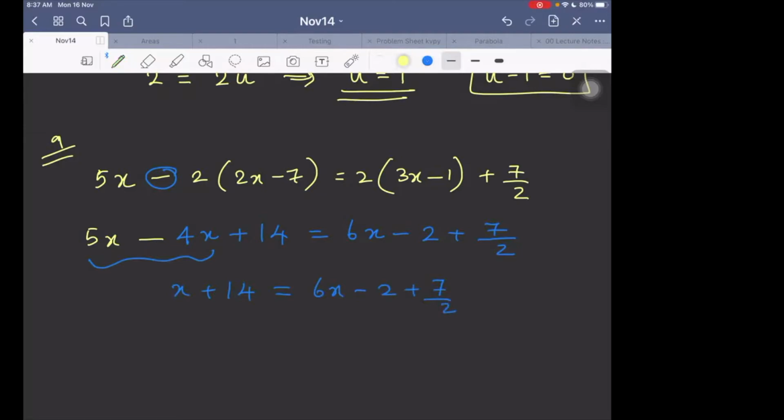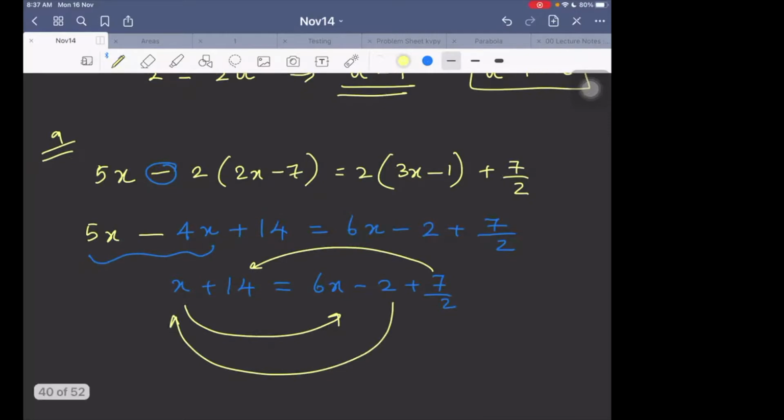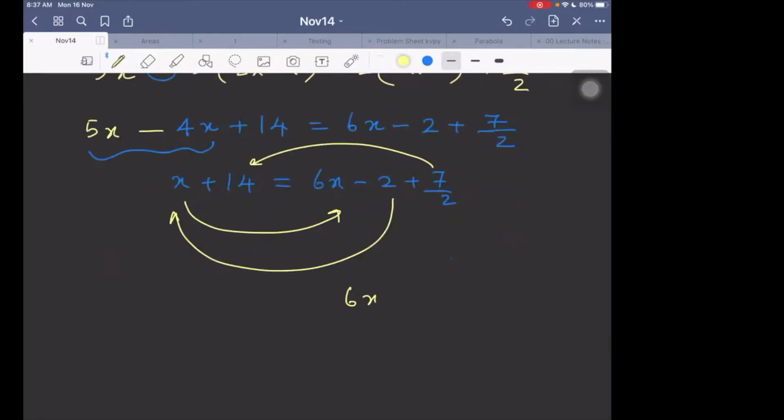So let's bring x to the other side and take all the numbers to the other side. So we have 6x minus x, and along with 14 we have plus 2 and minus 7 by 2.